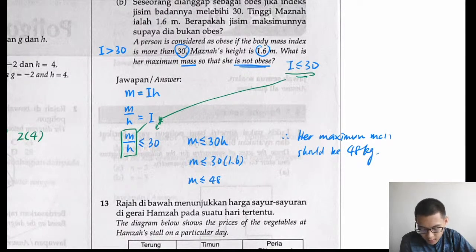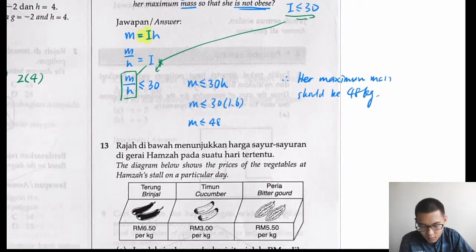So can I just substitute this one with 30? Cannot, right? I'm afraid students don't understand this one. Just substitute inside, and then we try to change the sign. Also not equal.